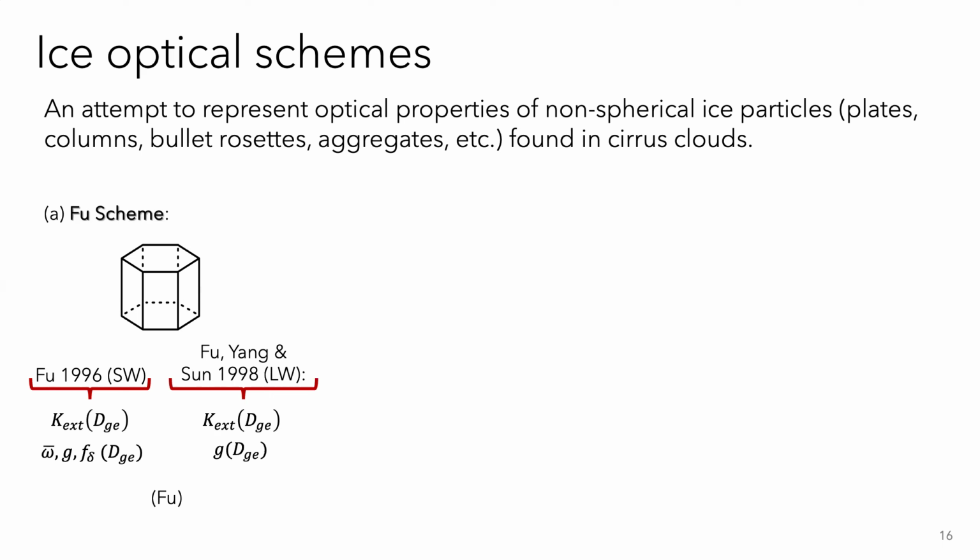Probably you already know this one, or you've been using it. The Fu scheme produces these optical properties of the clouds based on the size of the ice crystal, assuming that all ice crystals are hexagonal columns. The Fu scheme was distributed in 2 different publications, one for the shortwave radiation and one for the long-wave radiation. I will call these 2 papers just the Fu scheme.